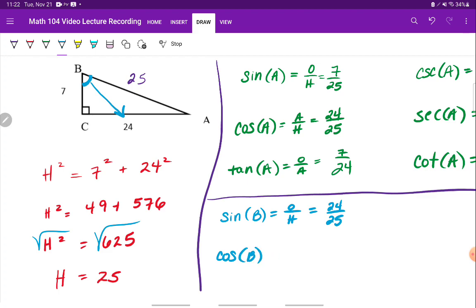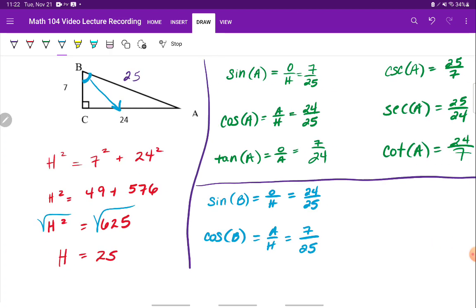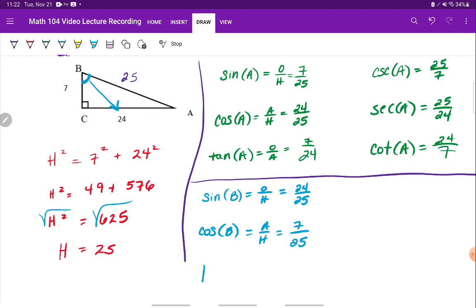Cosine of angle B, it's adjacent over hypotenuse. Adjacent side is now 7. Tangent of angle B, that's our opposite side divided by our adjacent side. That'll be 24 over 7.